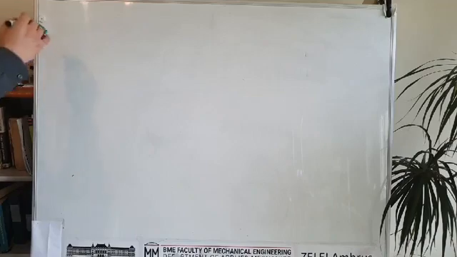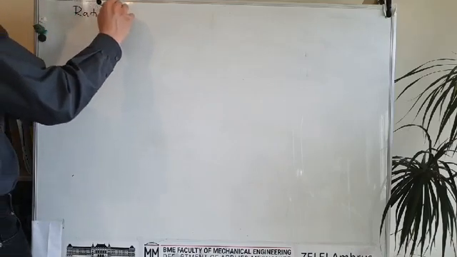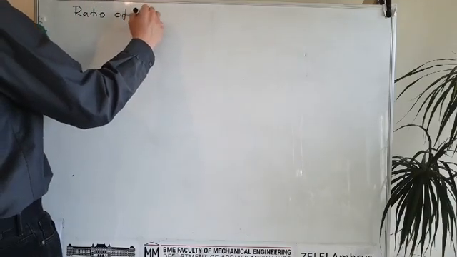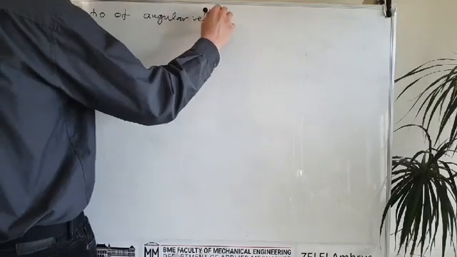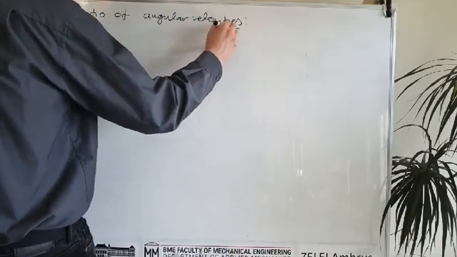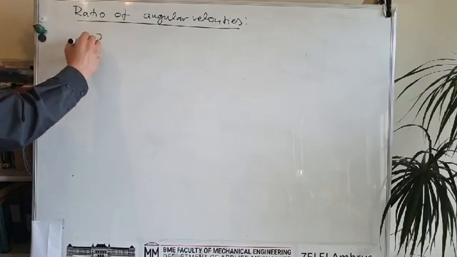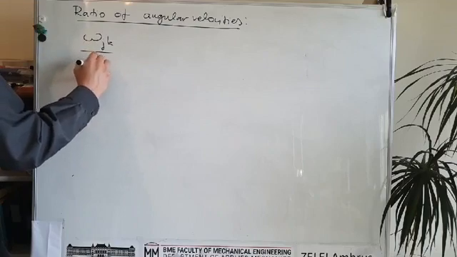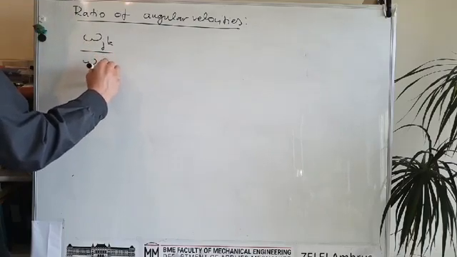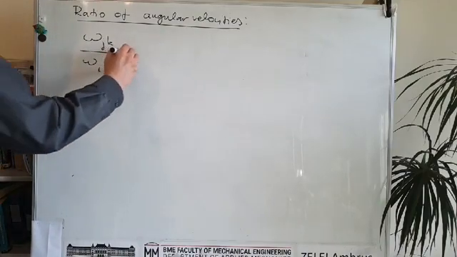Okay, so in general we can say that the ratio of angular velocities can be calculated by a formula, and these are relative angular velocities, but we will see how to apply it.